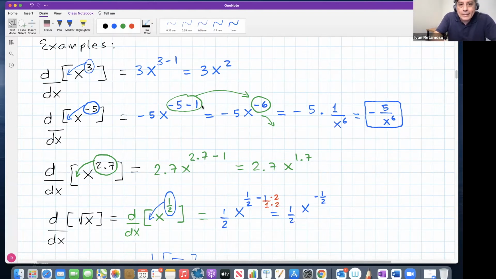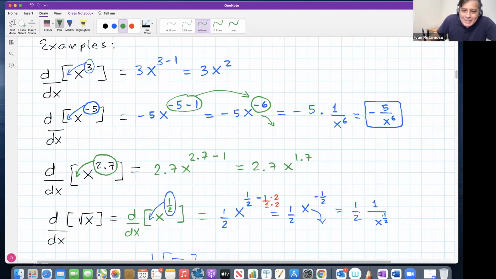But now, remember, mathematicians don't like to see negative exponents as part of the final answer. So when they get these forms, they bring this down. So we're going to have 1/2 times 1 over x raised to 1/2. Also, mathematicians don't like to see fractional exponents.